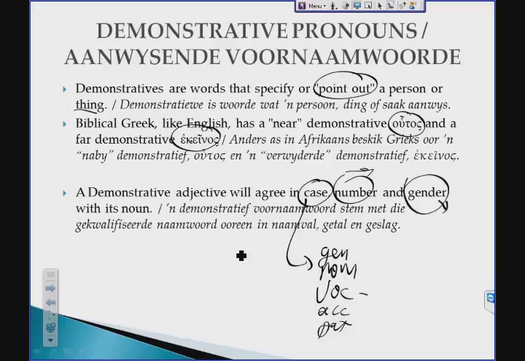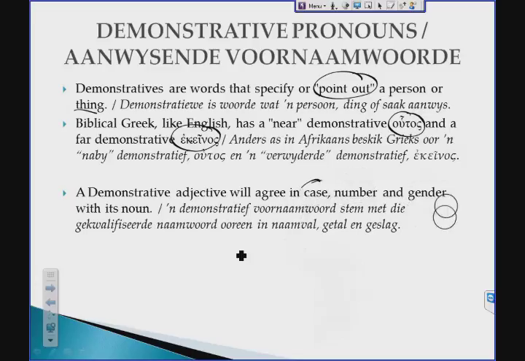And the gender, what are we talking about? We talk about feminine or masculine. Good. So they will relate or agree in those three respects.